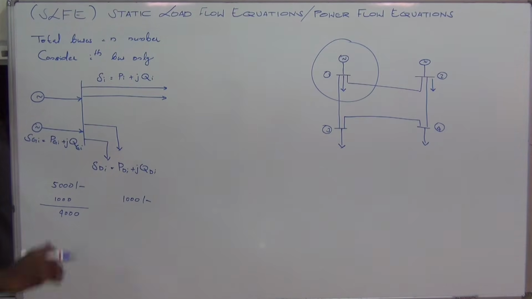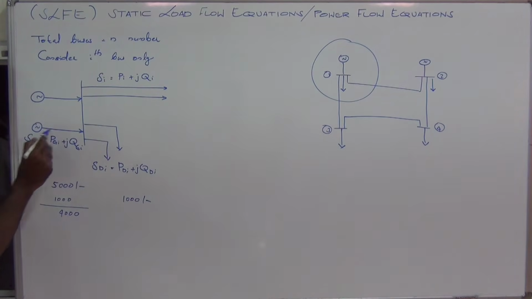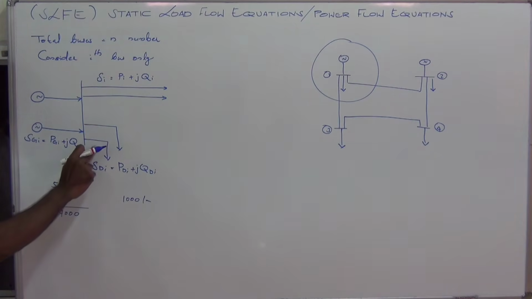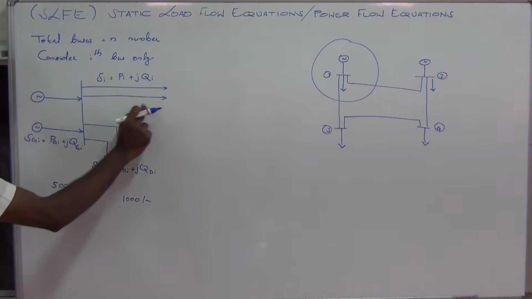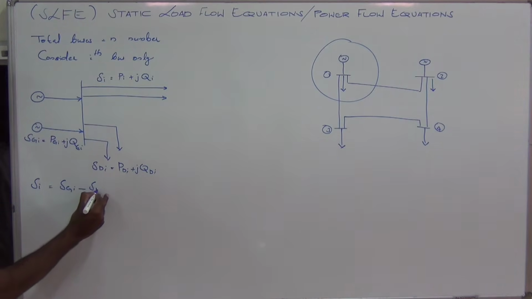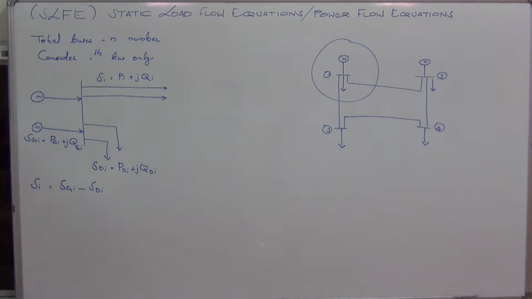The same thing applies to the power system network also. It is having certain generation here, SGi. There is a demand of SDi at that bus itself. The remaining power or the surplus power may be transmitted through the transmission lines. So the power transmitted through the transmission line equals the generation minus the demand at that particular bus.